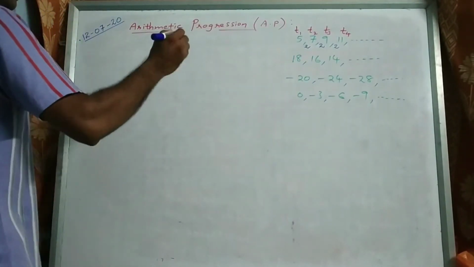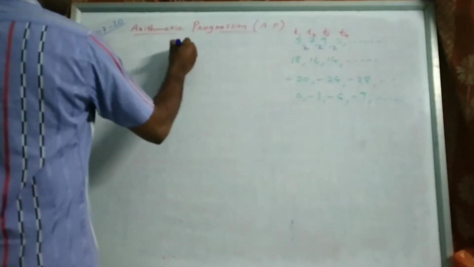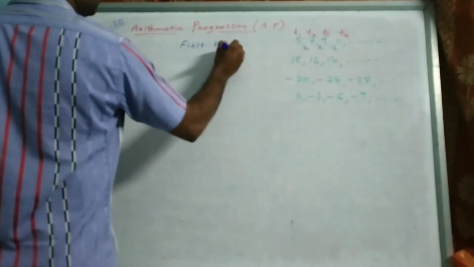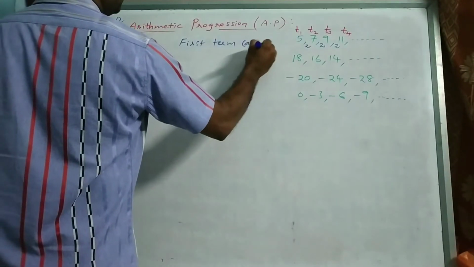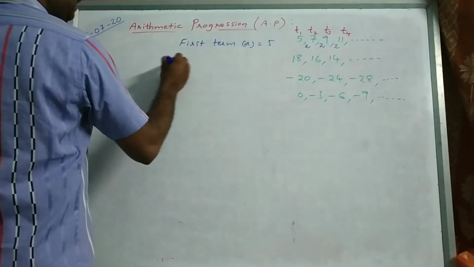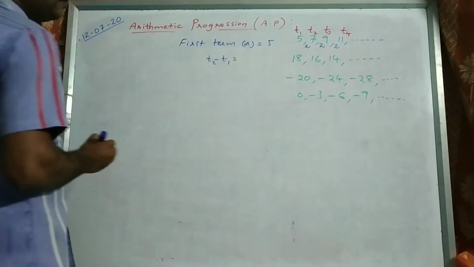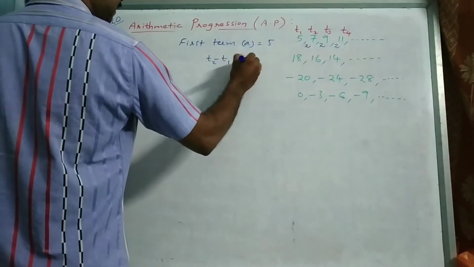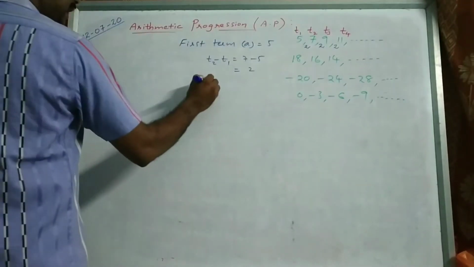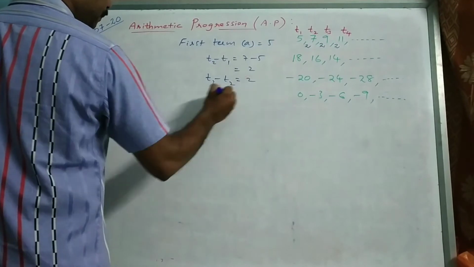Now what is the first term here? It is denoted by small a. First term a equals 5. T2 minus T1, second term minus first term: 7 minus 5 is 2. Similarly T3 minus T2 is also 2.